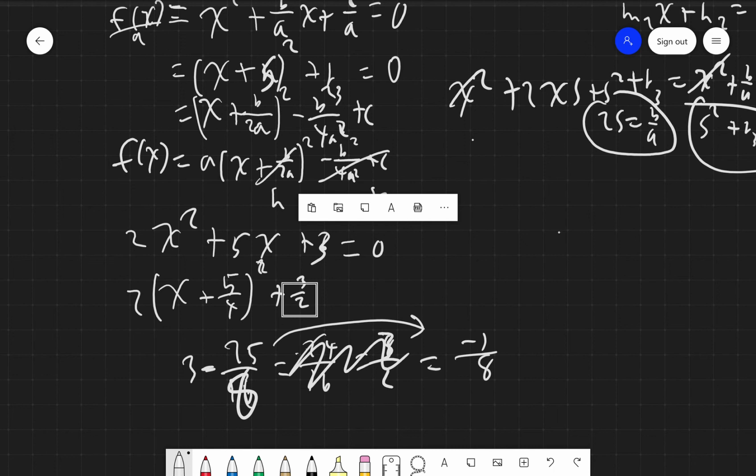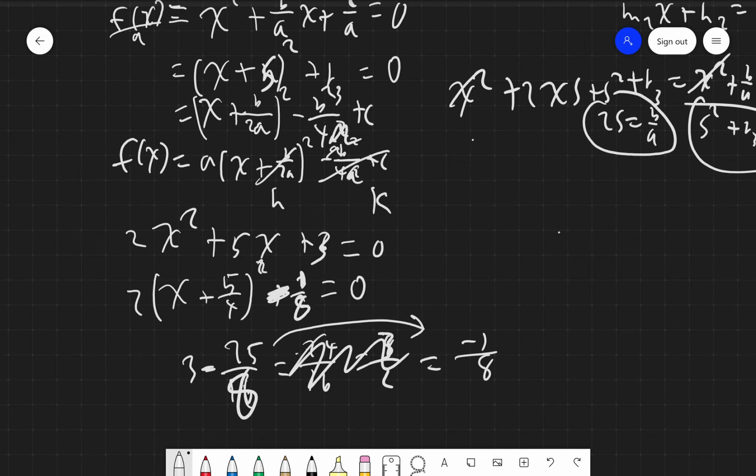So now, instead of a squared there, it's going to become an a. Same thing here. So now we have negative 1/8, and that's our correction factor.